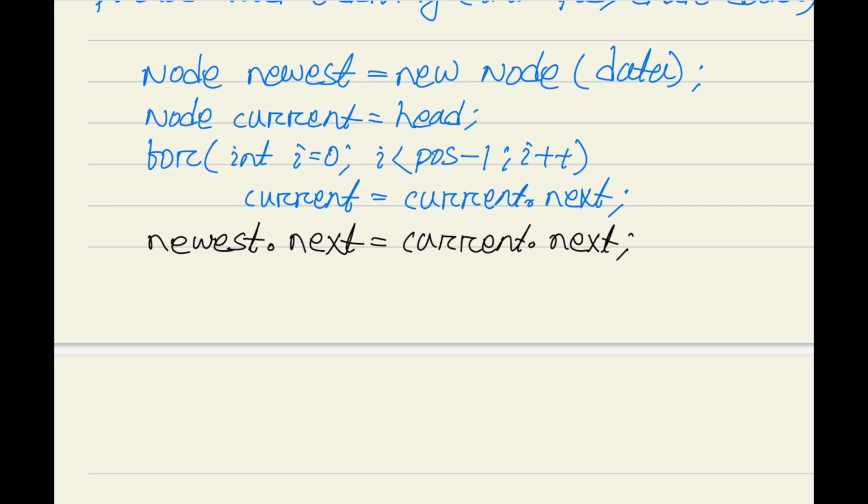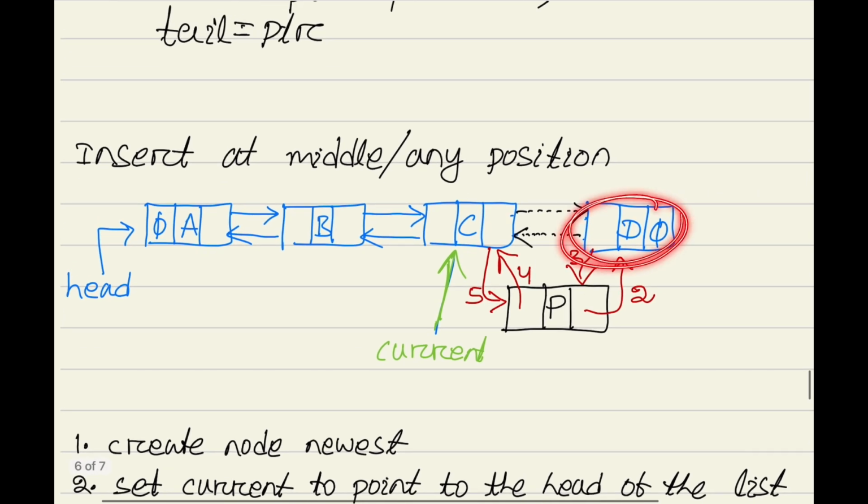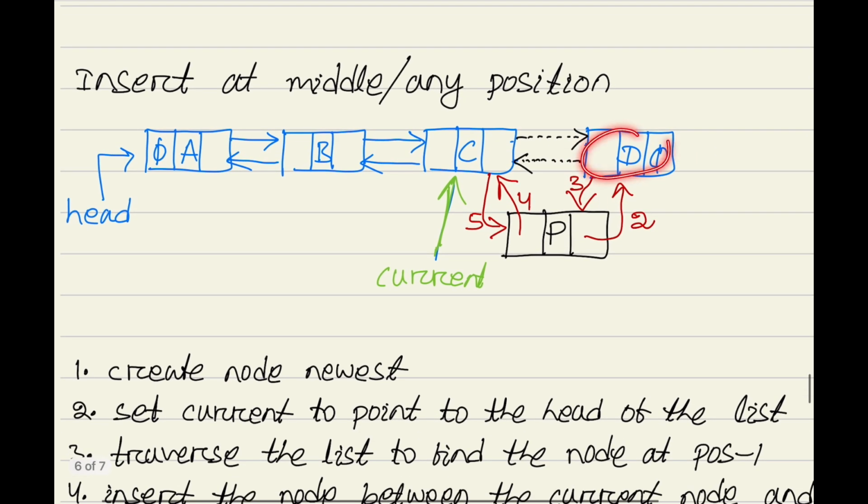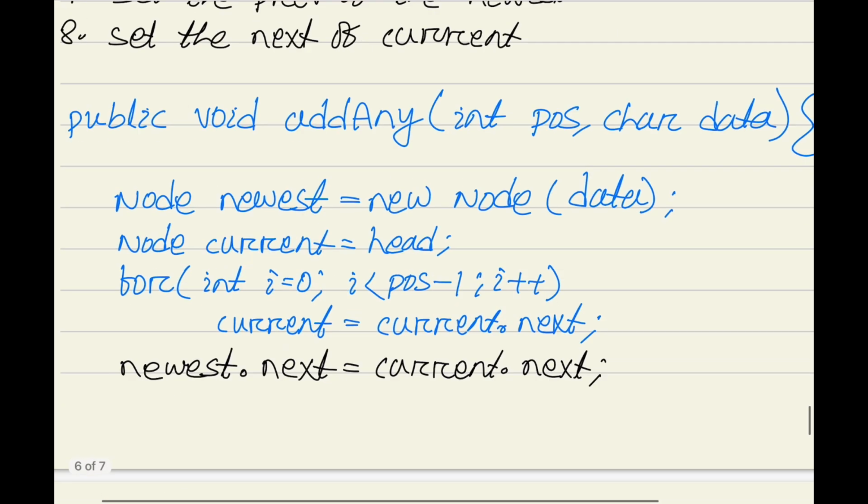Now we want to update the previous of D. So which node's previous? The current dot next previous, and its previous is going to refer to the newest node, that is P. What is D? If C is current, then D is current dot next initially.